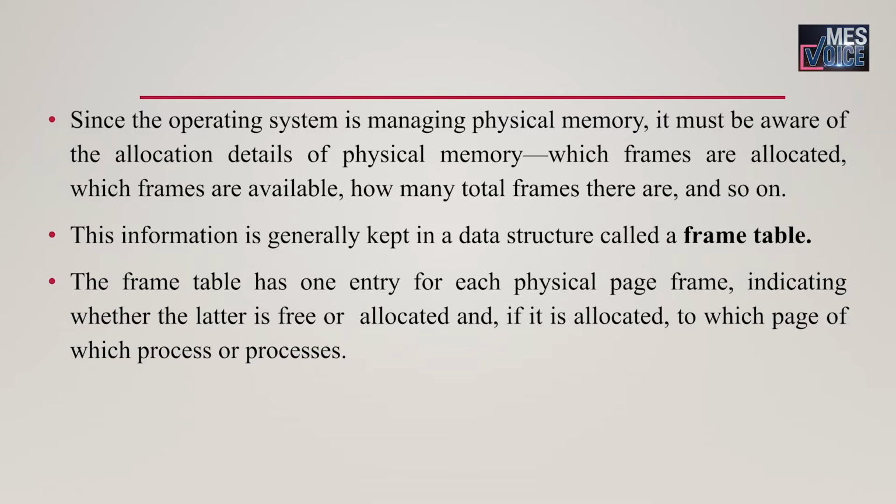The frame table has one entry for each physical page frame, indicating whether the latter is free or allocated and, if it is allocated, to which page of which process or processes. So, the frame table contains all the details regarding the frames: whether the frames are allocated or available, and in total how many frames there are.